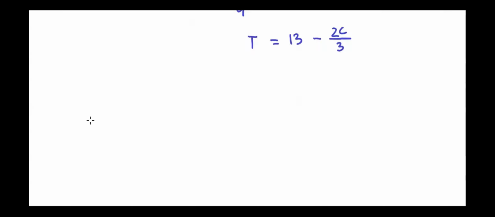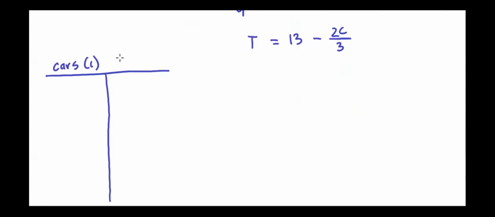The reason I've done this is because it's going to make it easy for me to plug in possible values for C and calculate the corresponding values for T. So I'm going to make a table for myself. Cars, remember cars is the C, and trucks, which is T. Because T is the variable that I've isolated, I'm going to leave that column empty for now, and I'm going to fill in possibilities for cars.